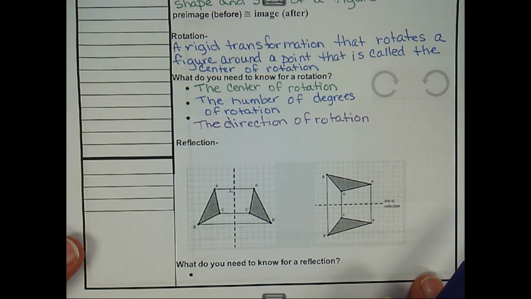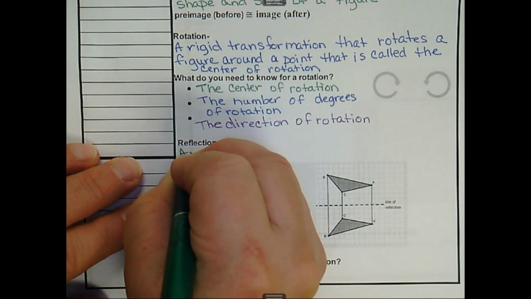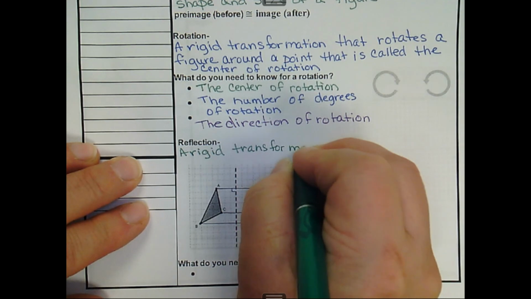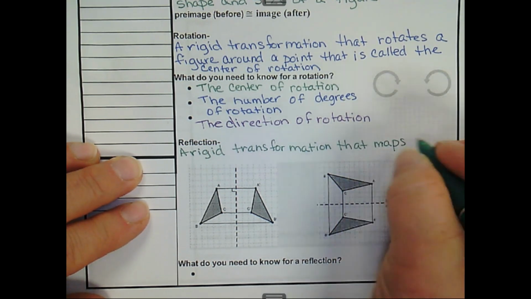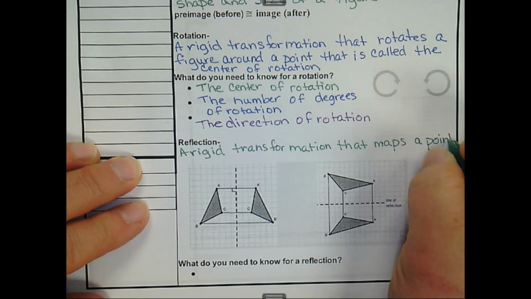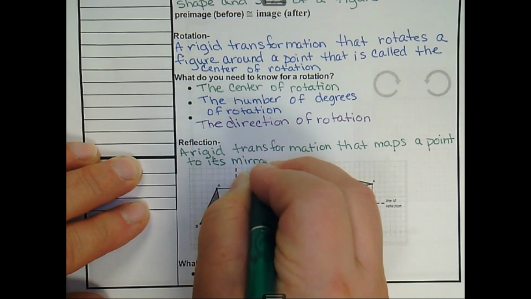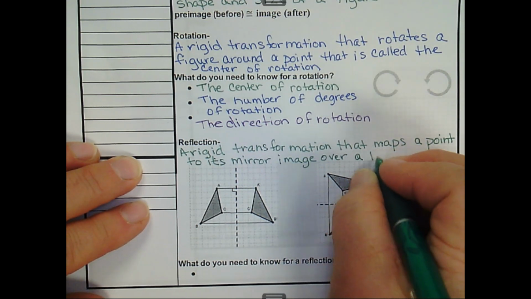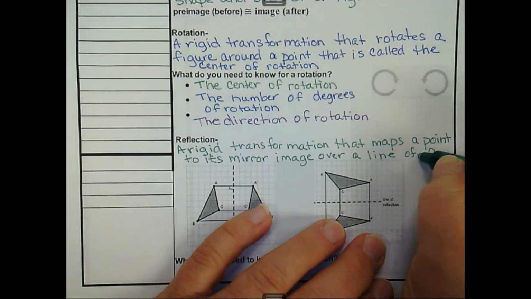A reflection is a rigid transformation that maps a point to its mirror image over a line of reflection. Okay, I'm going to have to move that over just a little bit.